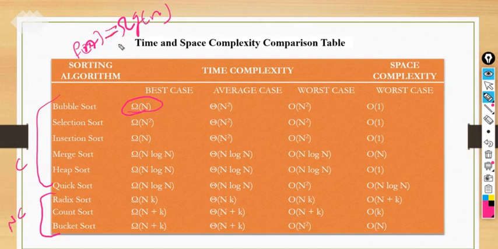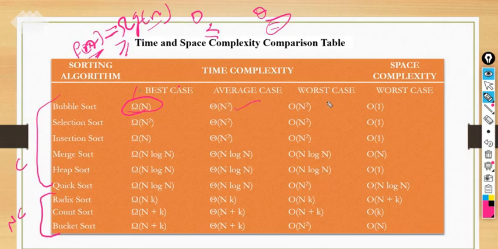Omega means greater than or equal to, big O means less than or equal to, theta means equal to. So we are using here that f of n will always be greater than or equal to g of n; f and g are two functions here. So in the best case, you need n comparisons in order to sort it out, right?